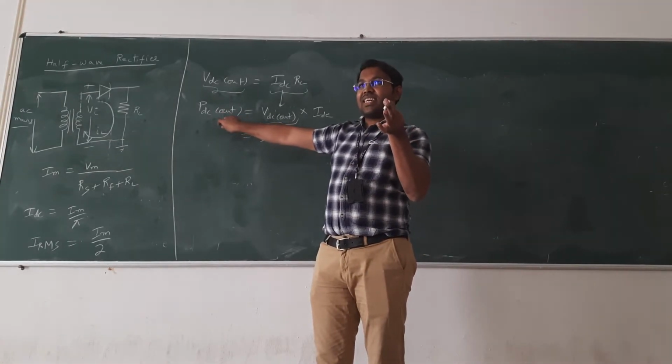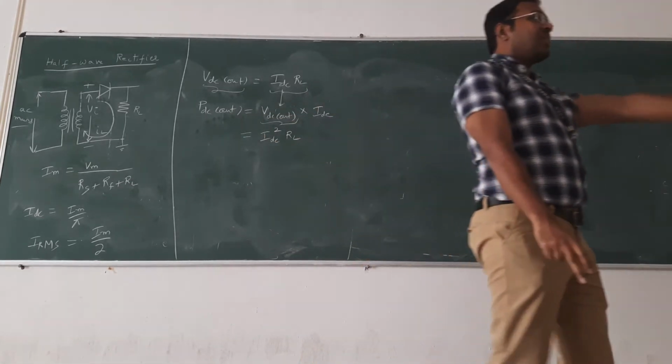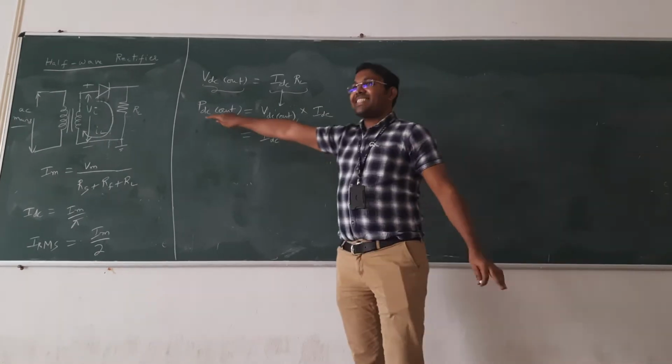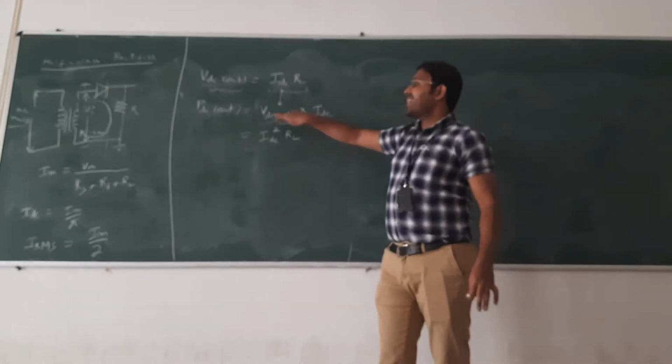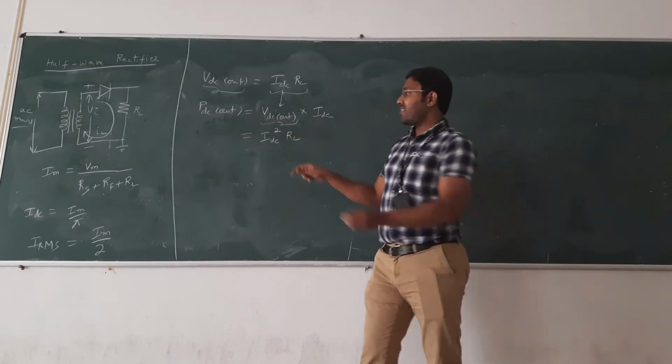So PDC, as we have discussed, power is simply voltage times current. Wherever you come across power, simply multiply voltage and current. So DC output power will be DC output voltage into DC current, because we are considering only output.